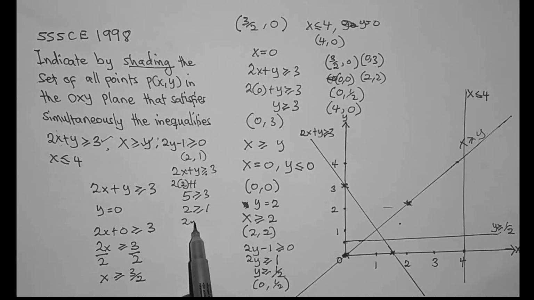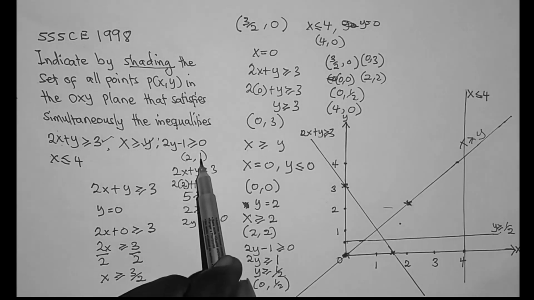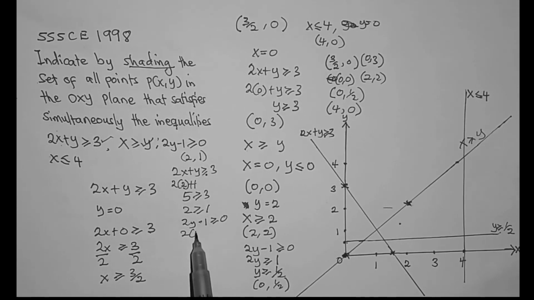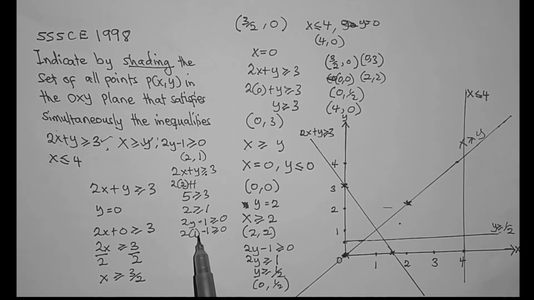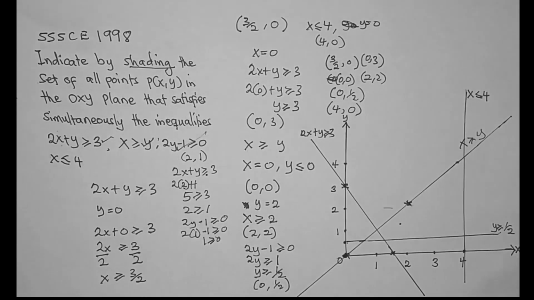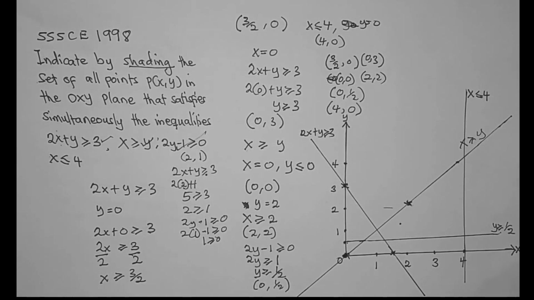The y component is 1, so it becomes 2 times 1 minus 1 greater or equal to 0. 2 times 1 is 2, 2 minus 1 gives us 1. So 1 is greater or equal to 0. That is true, so it also satisfies this inequality.